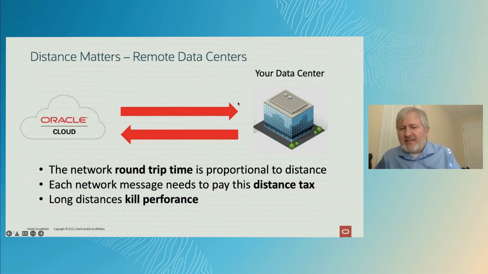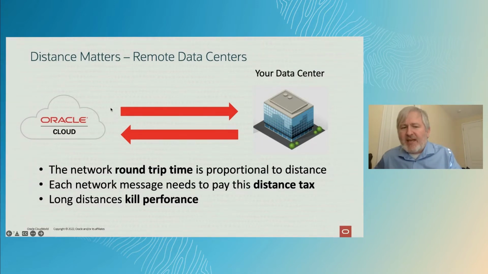The longer the distance, the longer it's going to take. And you can't just solve that problem by putting in a faster network, because a faster network is not really about speed, it's about bandwidth. The time to move messages between points is going to be limited by the speed of light. It's pretty fast, but as the distances increase, it takes time.